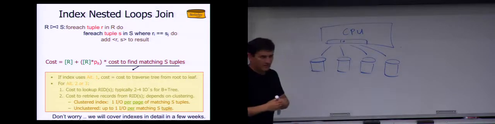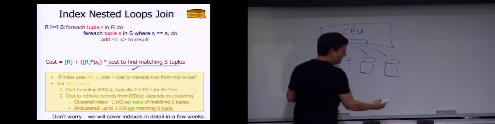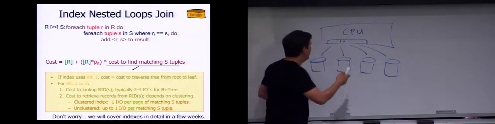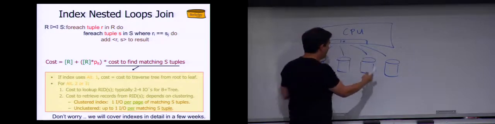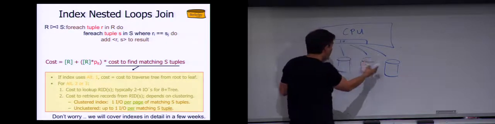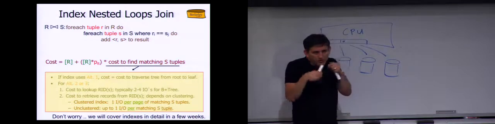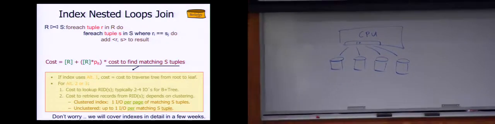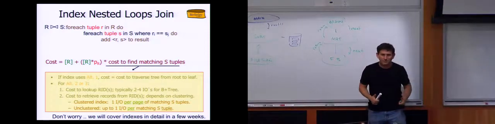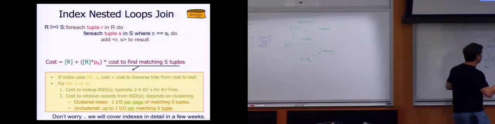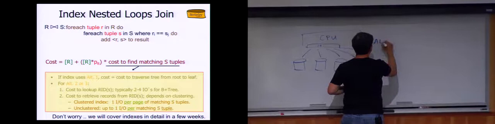Your goal is to have the aggregate scan rate of these disks, all reading data at the same time, equal the aggregate bandwidth of your I/O channel, right? So there's no bottleneck here if all these guys are reading at once. And your CPU should be able to chew on those tuples exactly as fast as your disk drives can go. All right? That'd be awesome. And that's what's called a balanced architecture. That means there's no bottlenecks, right?